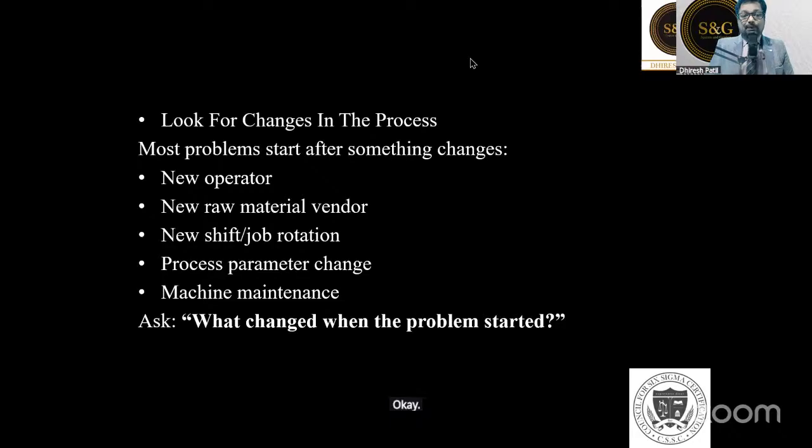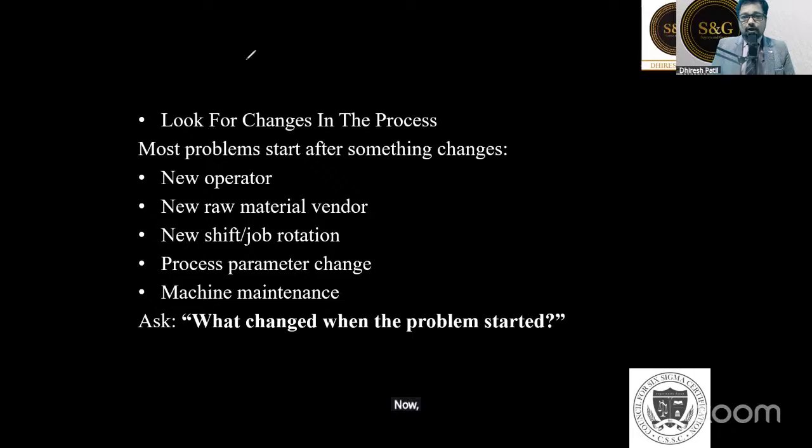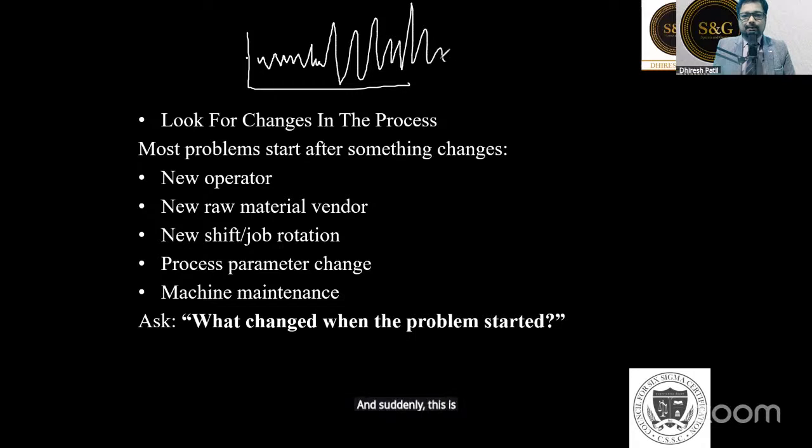Very good. Apart from that, look for the changes in the process. This is also a very, very important insight. Now, for example, look at this. Let's say I have a time series plot. What is a time series plot? Let's say this is a time series plot, and suddenly this has started happening.